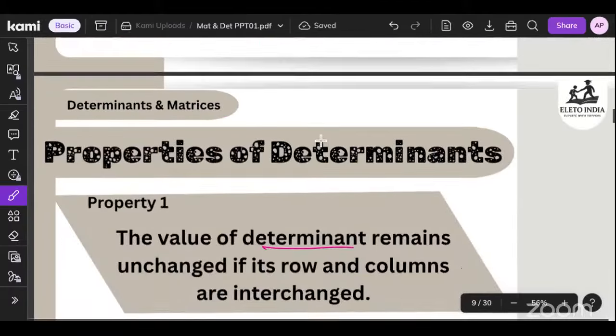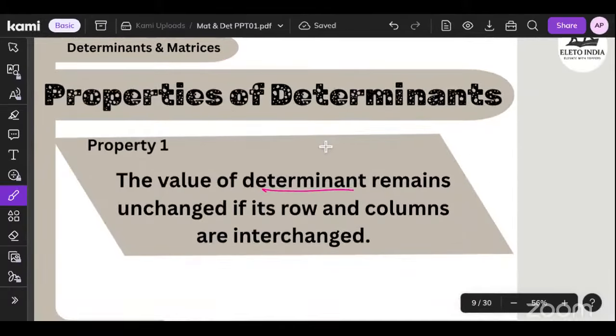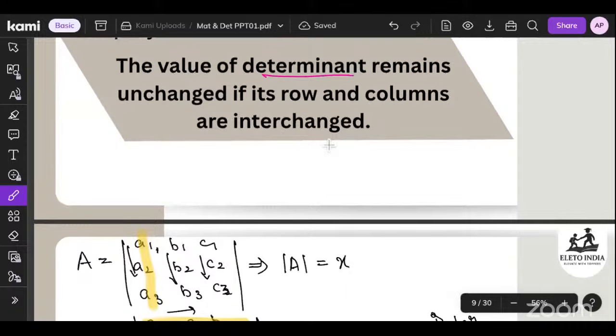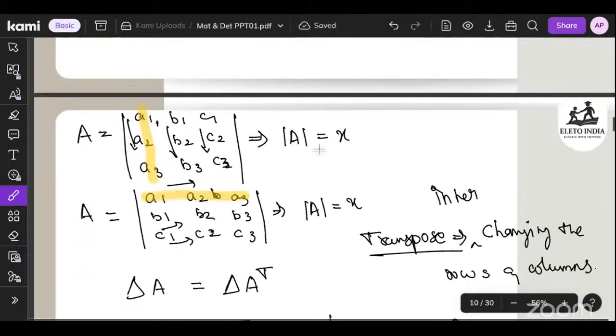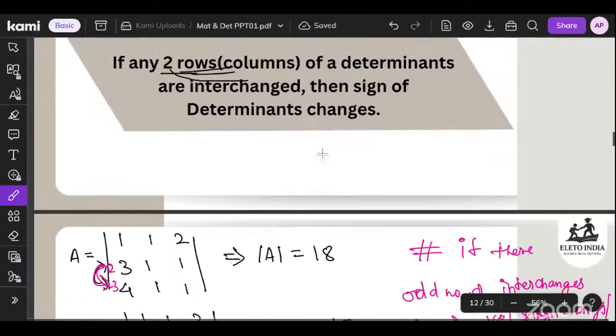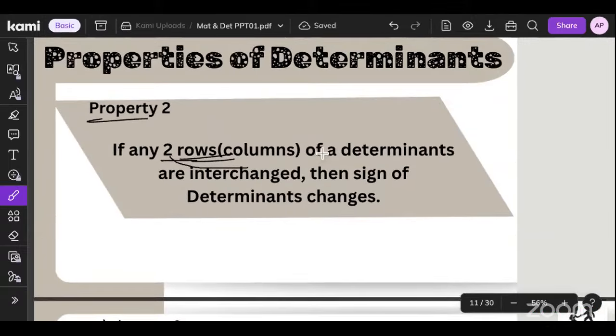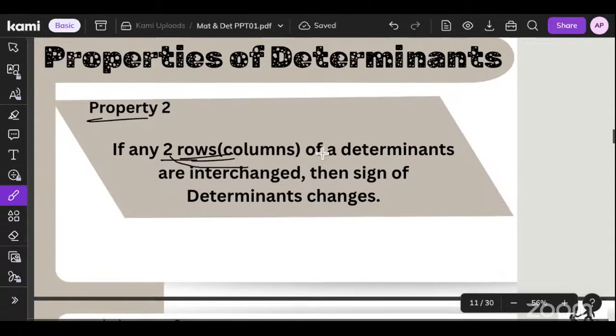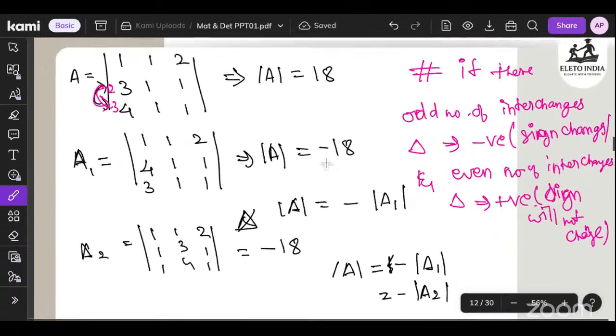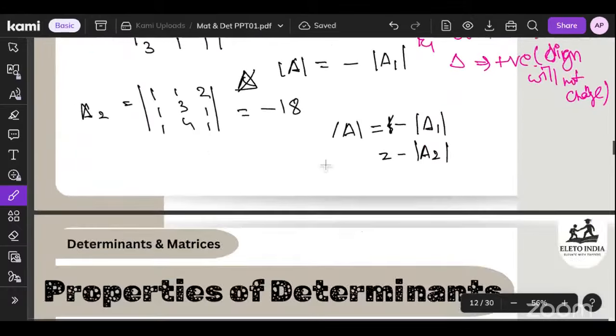And then we have seen the properties. Property 1: if you change the rows and columns, the value will be the same. Property 2: if you change any two rows in a determinant, you will have the opposite sign, a negative sign.